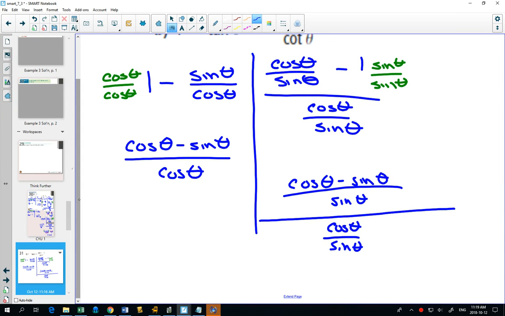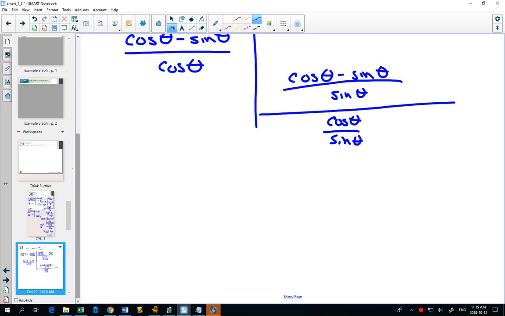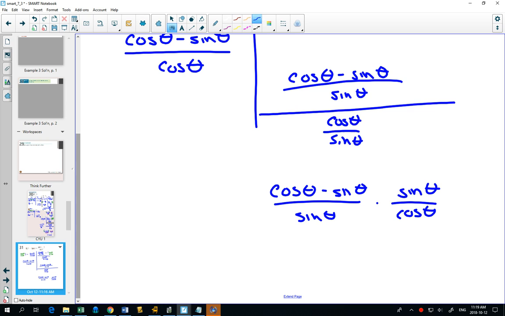But now I have a single fraction in my numerator, a single fraction in my denominator, so I can multiply by the reciprocal. Can I cancel out those signs? No. Right? Since we have a minus sign there, this gets grouped together, and nothing can cancel inside those green brackets unless it's identical on the bottom.